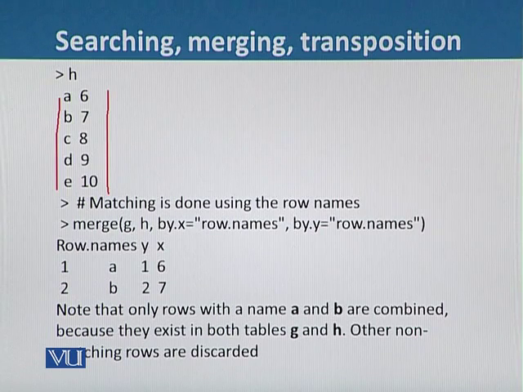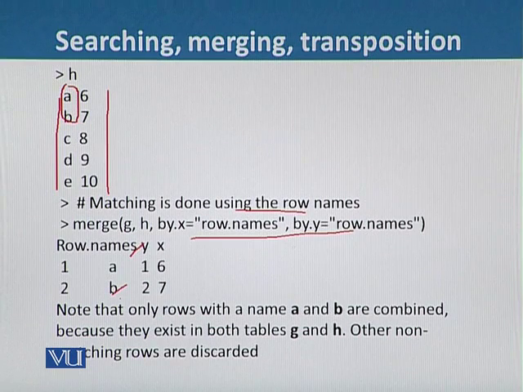And we can see here that after matching the tables, we get the answer A and B, because A and B are common in both the G and H tables. In the G table, the value of A is 1 and B is 2, and in H it is 6 and 7.